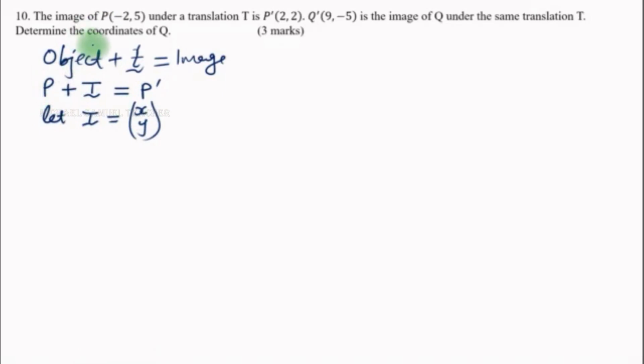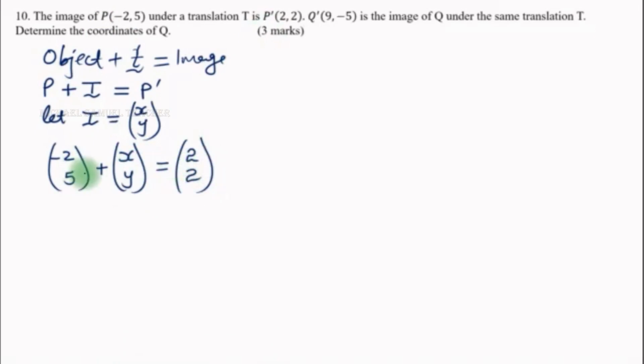Therefore, point P, which is (-2, 5), we write in column vector, plus translation T, which is (x, y), will give us the image, which is (2, 2). So we compare the corresponding terms: -2 plus x is equal to 2. Therefore x will be 2 plus 2, which is 4.